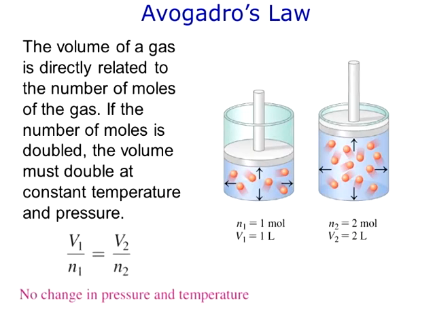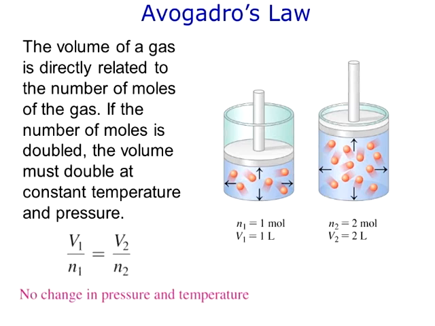That brings us to Avogadro's Law. Avogadro's says that the volume of a gas is directly related to the number of moles of the gas, and that makes sense, doesn't it? That the volume is related to the amount, and the amount is measured in moles. If the number of moles is doubled, the volume must double at constant temperature and pressure.